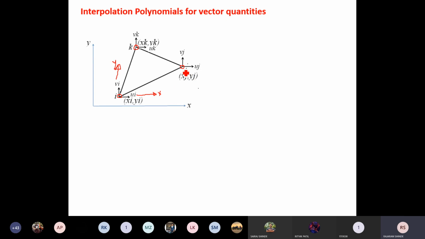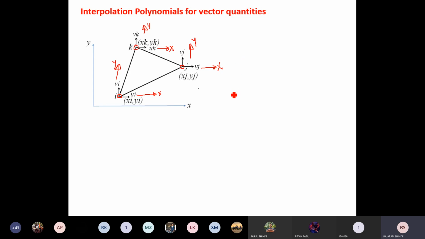Okay, now next one, if we go for J node, we have displacement in x direction and displacement in y direction. uj is the displacement in x direction and vj is the displacement in y direction. Okay, now if we go for the node K, you have x displacement and you have y displacement. So here I have used the u notation for the x displacement and v notation for the y displacement.